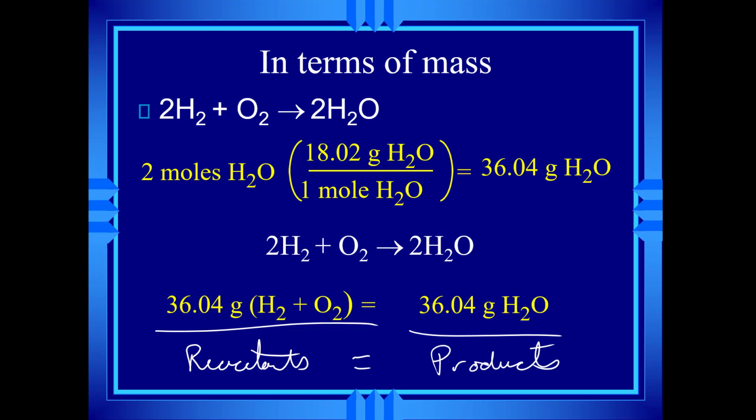Okay. So let's try it with the other reaction we've worked with. 2Al2O3 makes 4Al plus 3O2. Does that work? Well, the answer is yes, but how do we prove that it follows the law of conservation of mass?